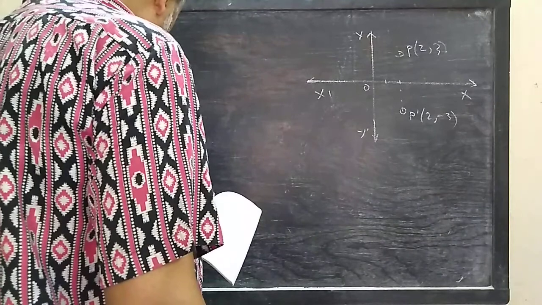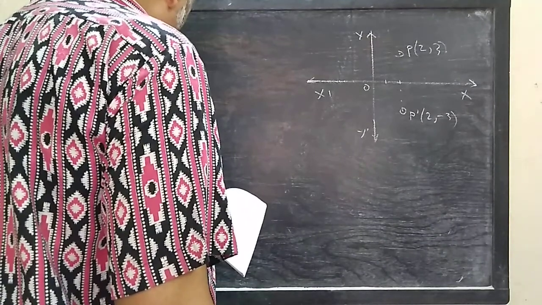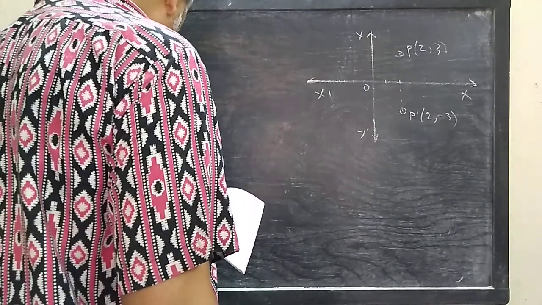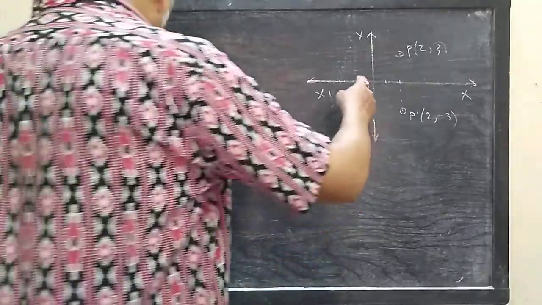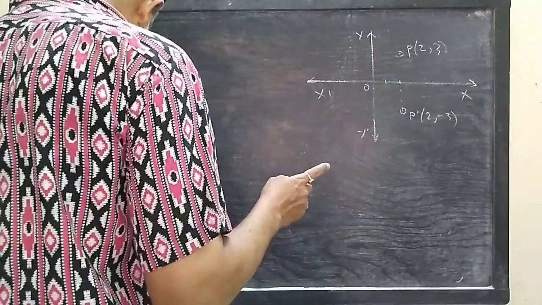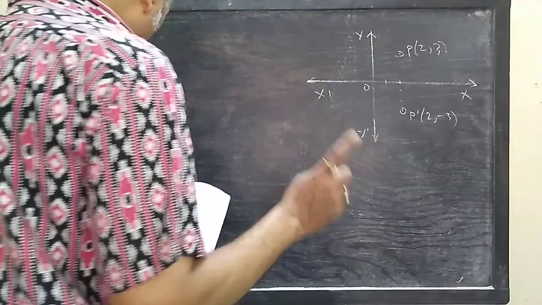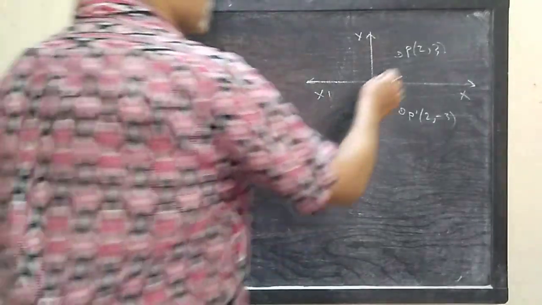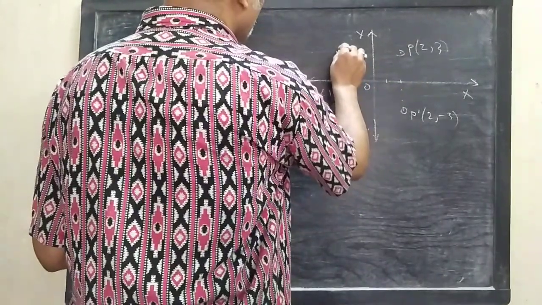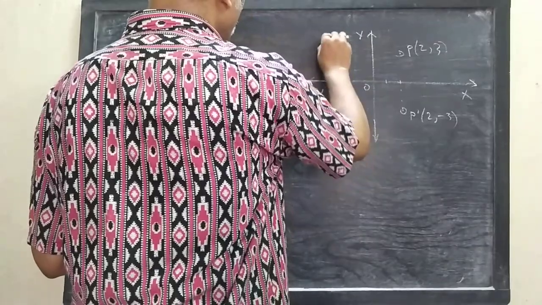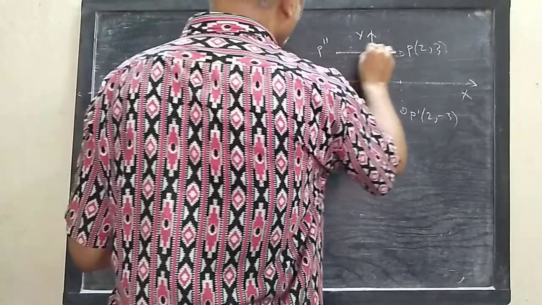Next, the coordinates of the image P double dash of P under reflection in y-axis. Now you have to reflect P in y-axis. You get the image here. This is P double dash. What will be its coordinate?